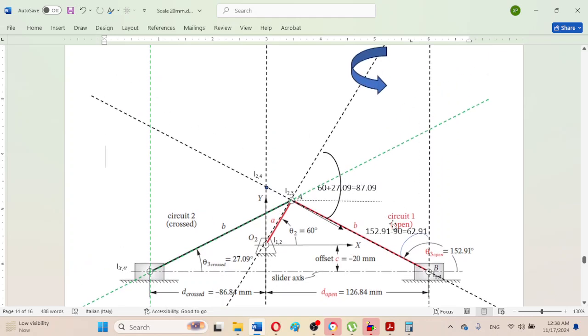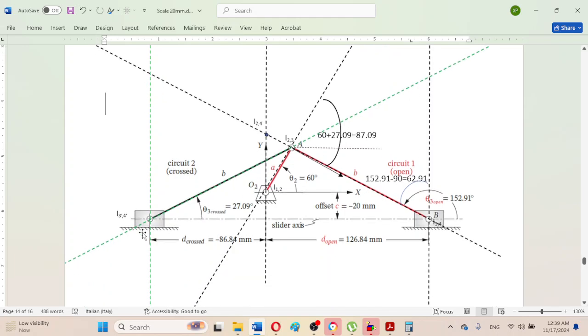Previously for the right circuit the instant center was here, but now the line connecting the instant centers 2,3 and 3 dash 4 dash, or 3,4 in this case, is intersecting here at this location.